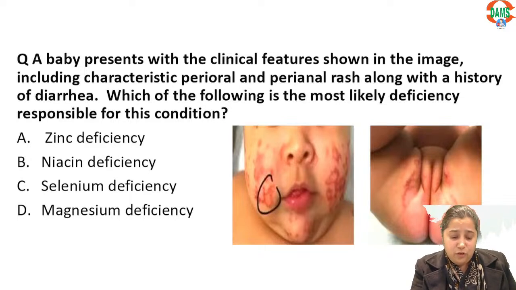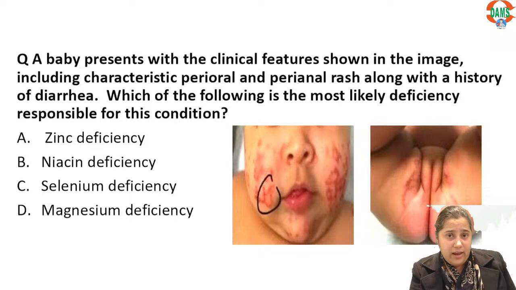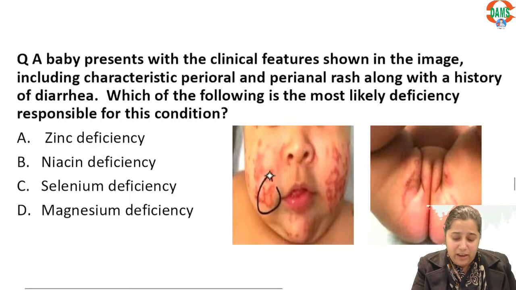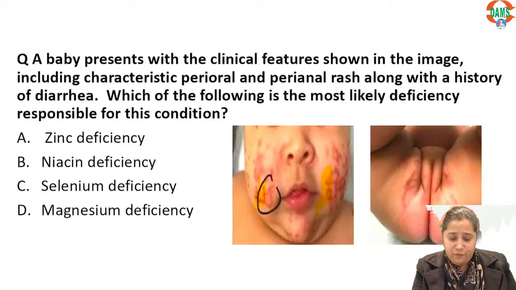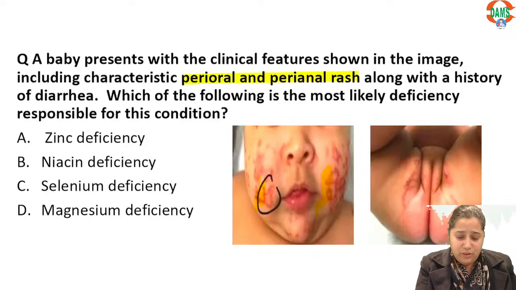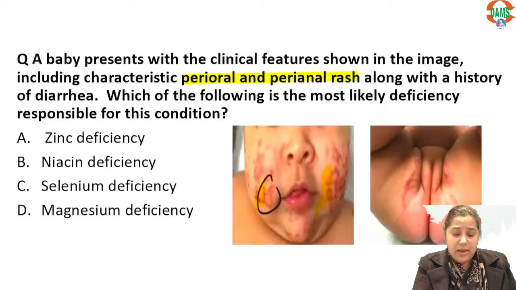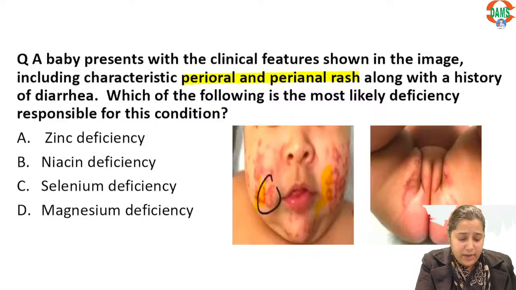This is shown as a perioral rash. Either there will be a rash around the oral surface, or it can be around the anal surface. So there are perianal or perioral fissures or rashes, and this is accompanied by diarrhea.